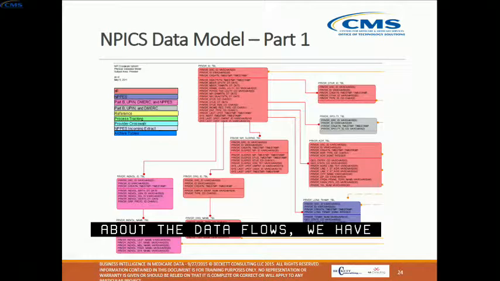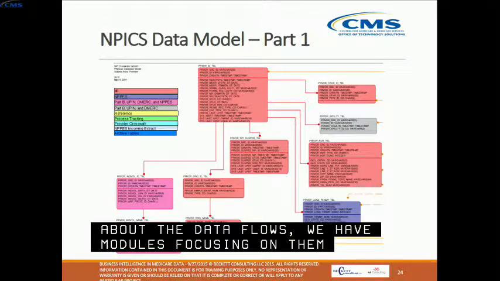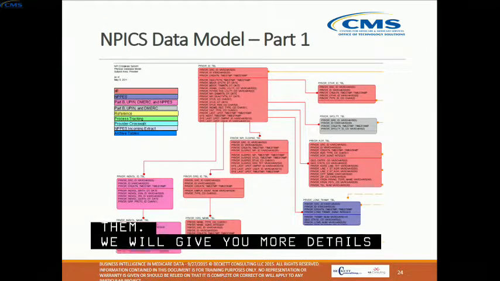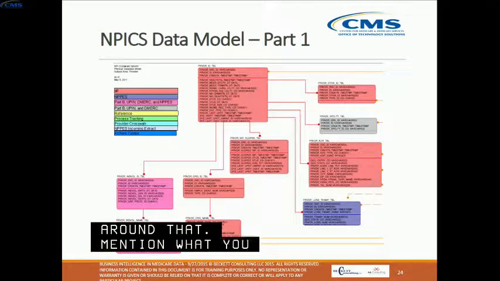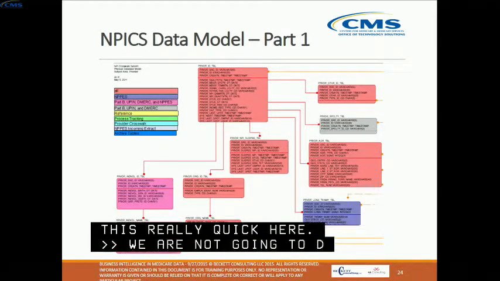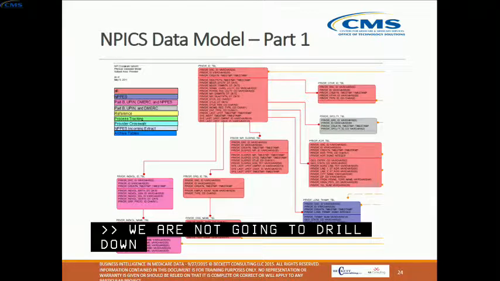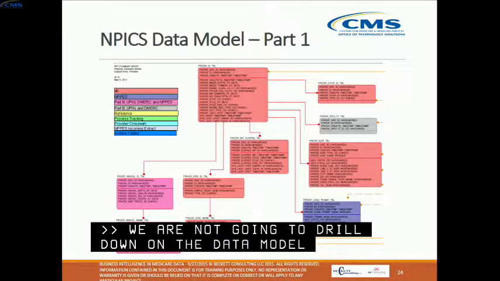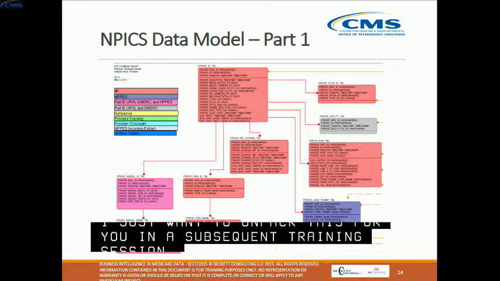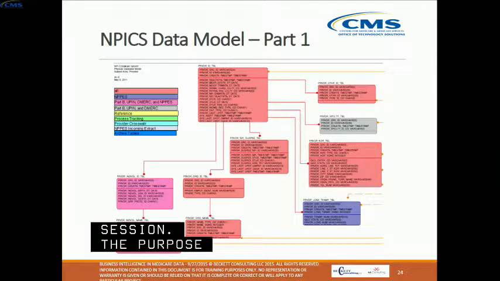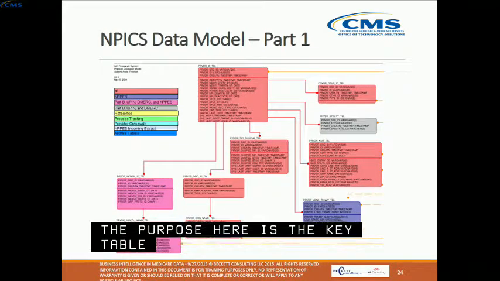Okay. Go ahead and mention what you want to do with this real quick here. So we're not going to drill down right now on the data model itself. This will be unpacked for you in a subsequent training session. The key table in NPICS is the provider identifier table that lists all of these legacy identifiers. And as you can see, associated with that are a number of other attributes.